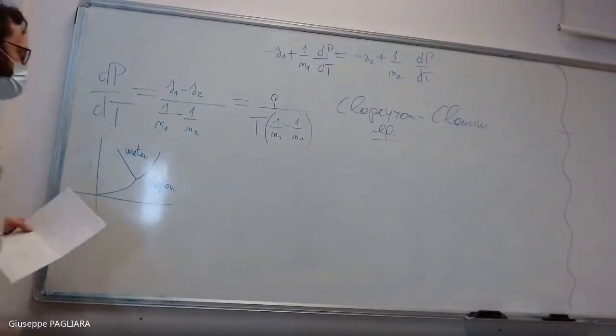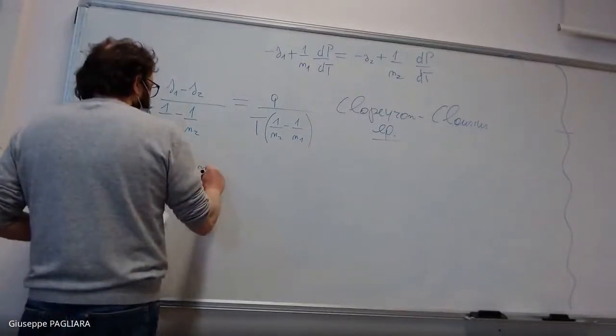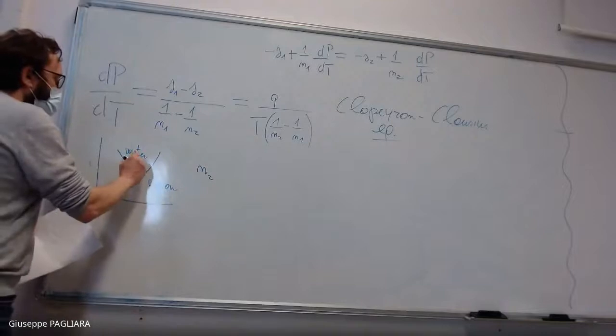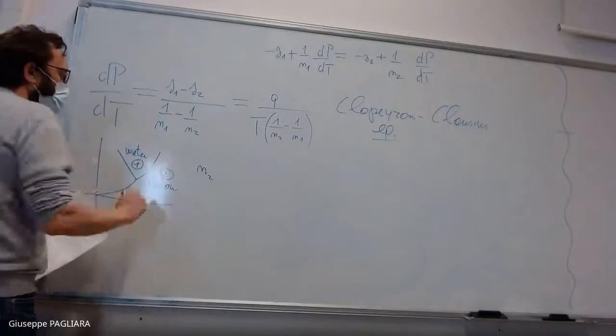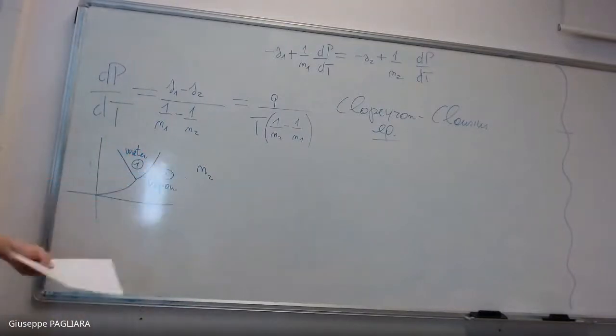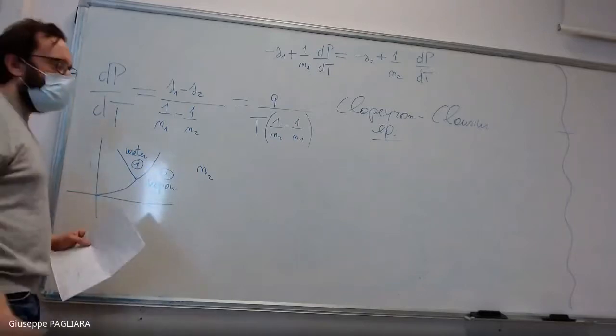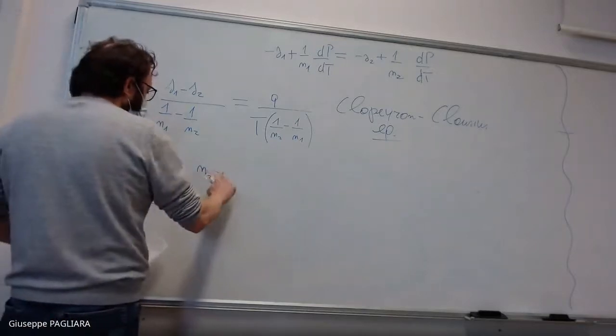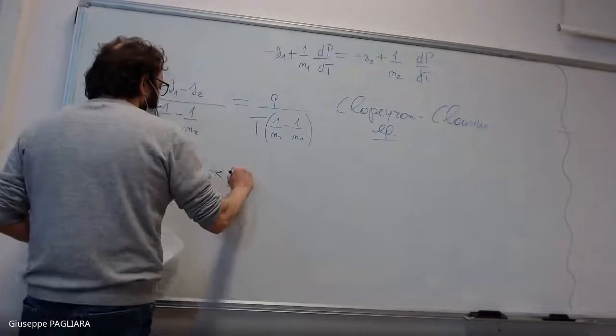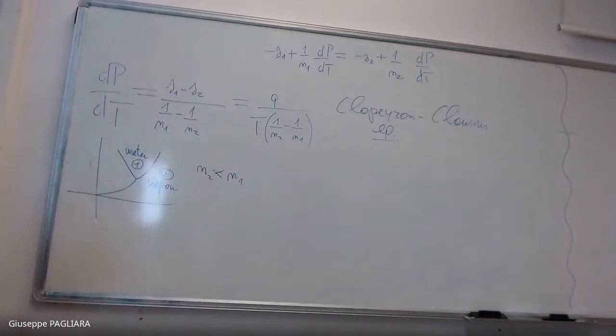So suppose that phase 1 is water and phase 2 is the vapor. We know that the density of vapor is smaller than the density of water. N2 is smaller than N1. If N2 is smaller than N1, dP/dT is larger than 0.